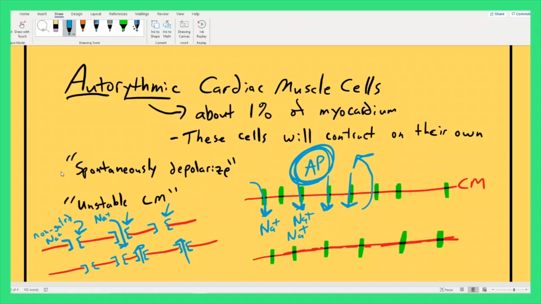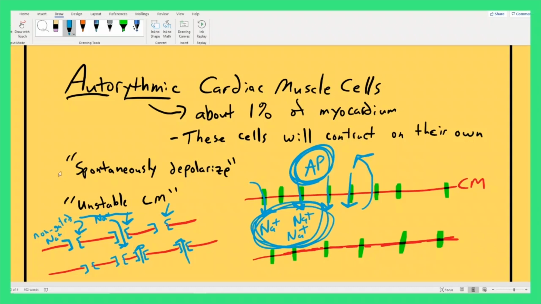So these cells, here I'm picking on the terminology you hear so often, they don't spontaneously depolarize. There's nothing spontaneous about this. They don't have an unstable cell membrane. They just have a different cell membrane than other cardiac muscle cells. So if you give them enough time, sodium will come in here sufficient to reach threshold, causing the cell to experience an action potential.